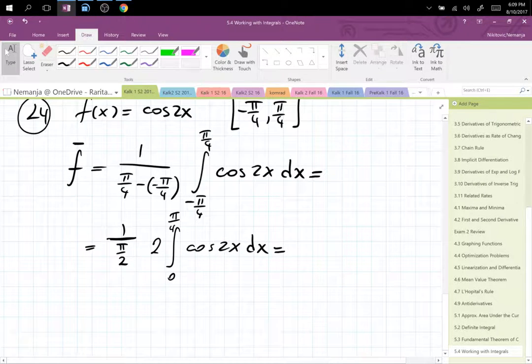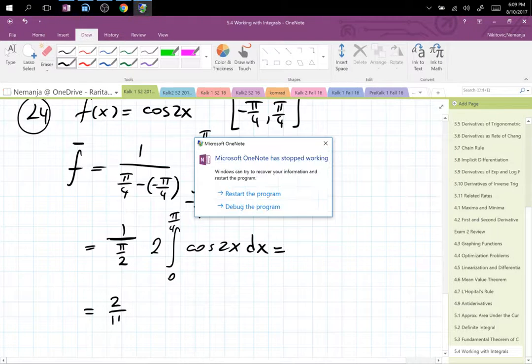What is the integral of a cosine? The integral of a cosine is a positive sine, and yes, over a. So pi over 2 will become 2 over pi.